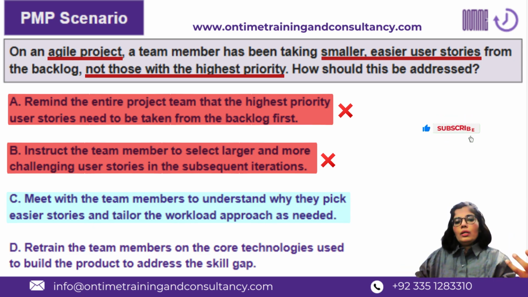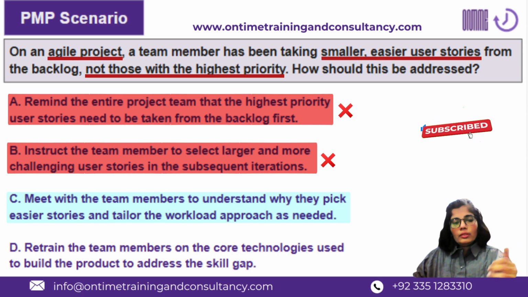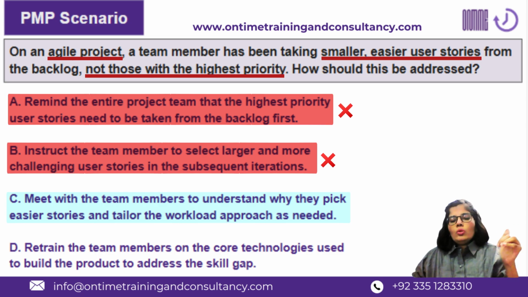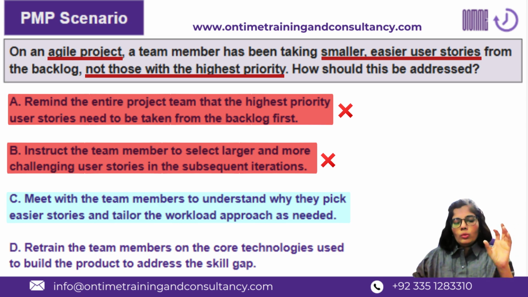And then you tailor. First you understand, then you help him understand why following the priority and the concept of value delivery is important, and then you two tailor the workload approach and the assignment approach as needed, and maybe you can bring along the other team members in the situation fixation part as well.